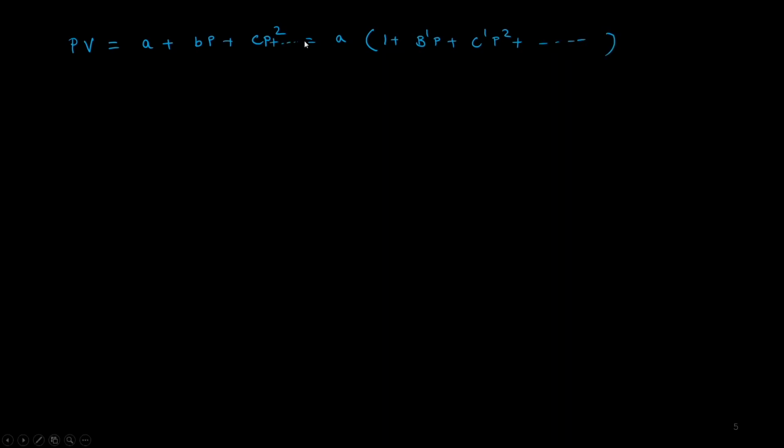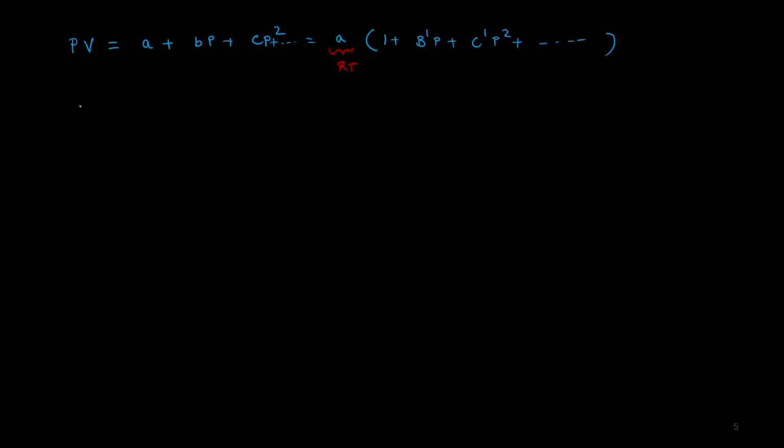This is an infinite power series in terms of P. For an ideal gas, only the first term is sufficient, and we have already seen that this value of A is going to be equal to RT. All the subsequent terms drop out for an ideal gas, but if the gas is not ideal, then we're going to use as many terms as are necessary to express this product PV.